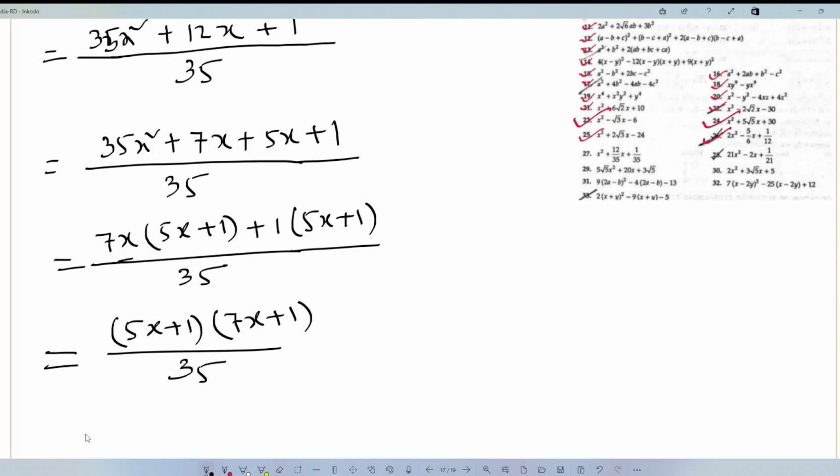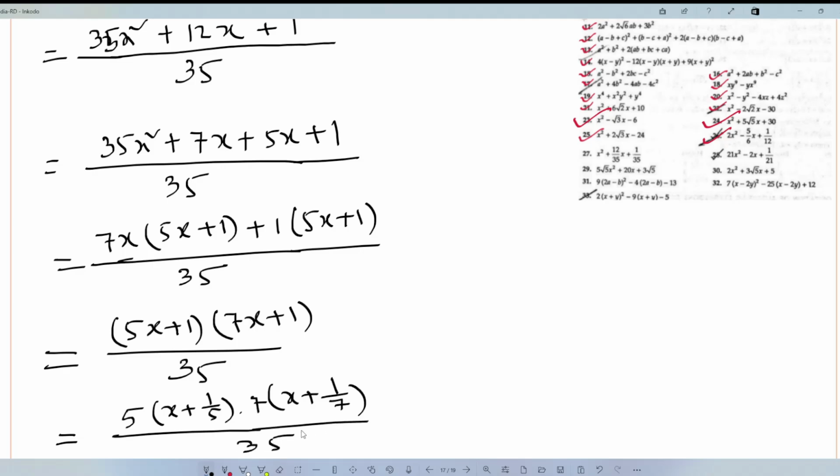So our work is almost complete. Now here we can take 5 common, so (x + 1/5), and here we can take 7 common, so (x + 1/7), divided by 35.